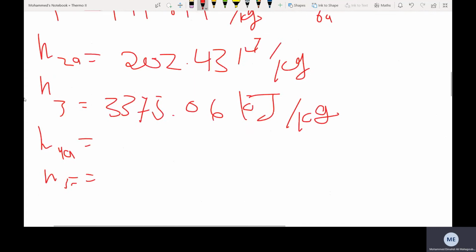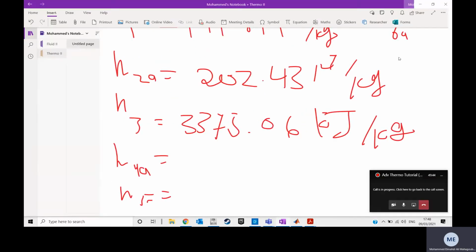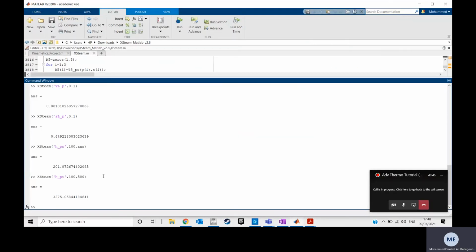So let's take the S of point 3 and keep it constant at first. So this is S of point 3. Now I have this value, the S at point 3. And what is the H given the pressure and the entropy?